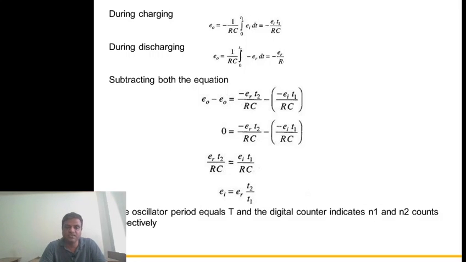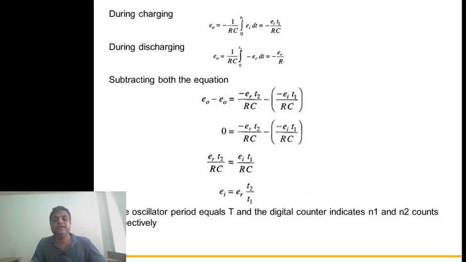If the oscillator period is T, then the counter indicates N1 and N2 counts respectively. We know the relation between T1 and T2, because T1 and T2 are the ramp times. With the help of this, the ratio T2 upon T1 is actually given by N2 upon N1.